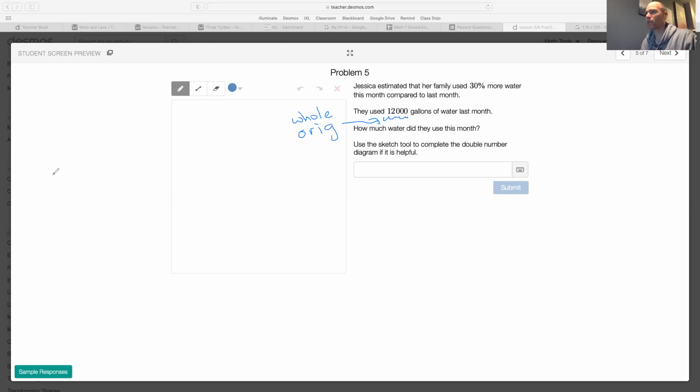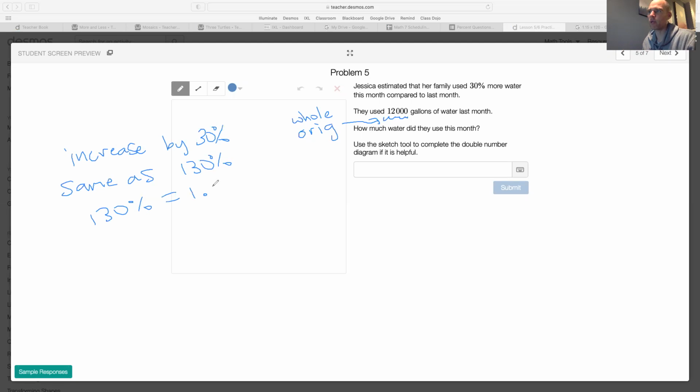So all I've got to do is increase that number by 30%, and I'll know how much water they used this month. So I want to increase by 30%. That's the same as having 130% of what the original amount is. And 130%, if you move that decimal point over 2 spaces to the left, that's the same as 1.3.